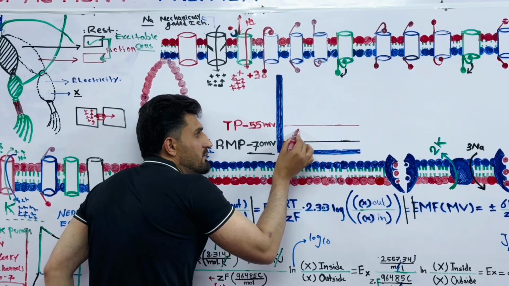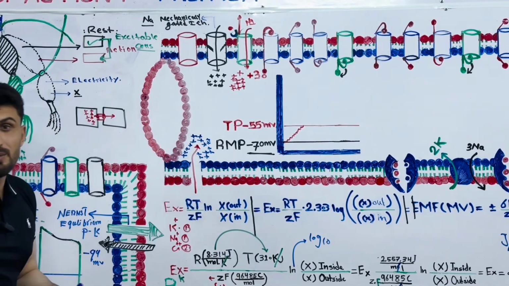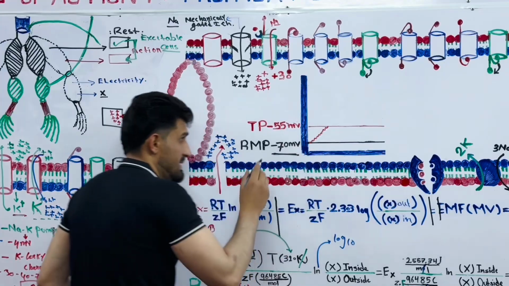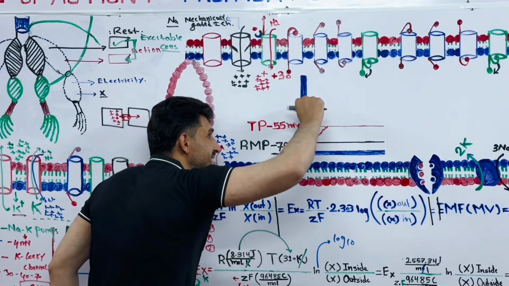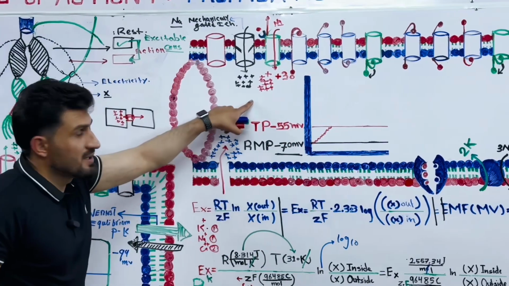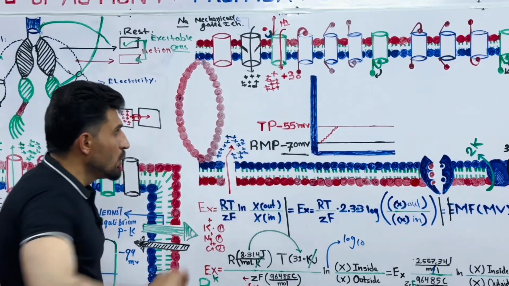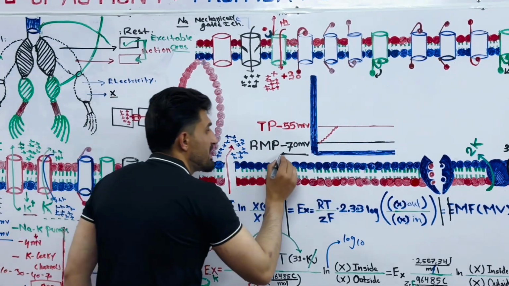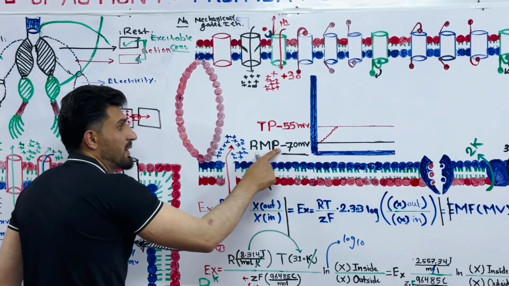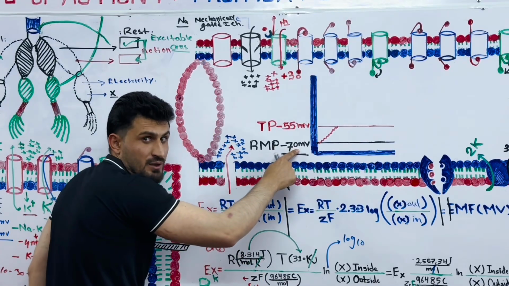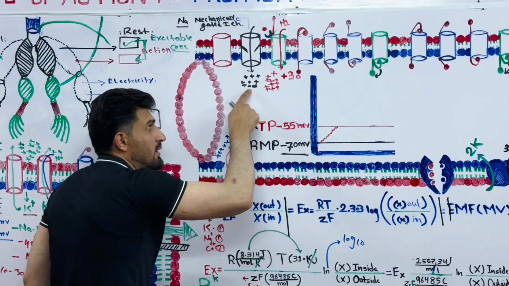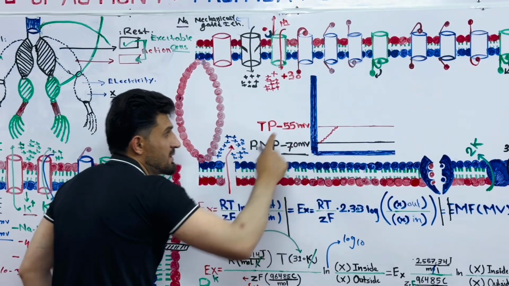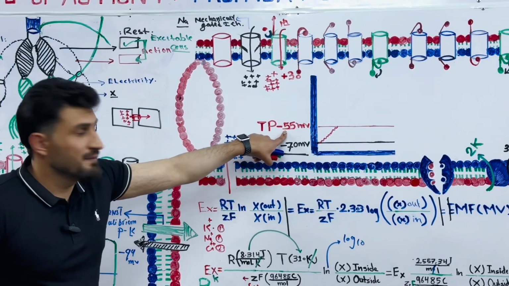This entering of positive charges causes changes in voltage of the intracellular area. For example, this cell was during rest around negative 70 millivolt. After entering a lot of positive charges, this cell reached negative 55 millivolt.